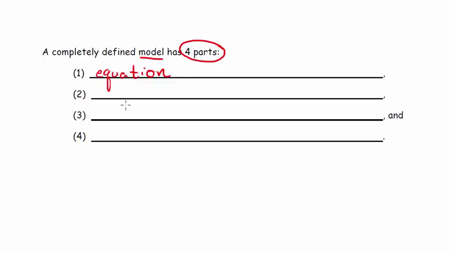So the next thing I need you to do is describe the output with units. And remember, think output is what you traditionally called Y. Now I also need you to describe the input with units.